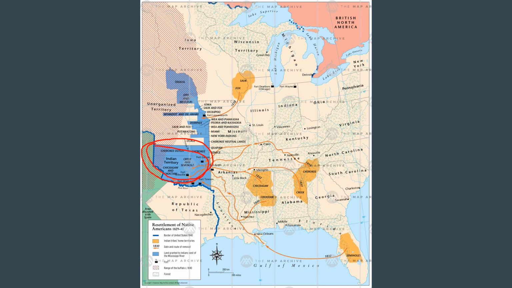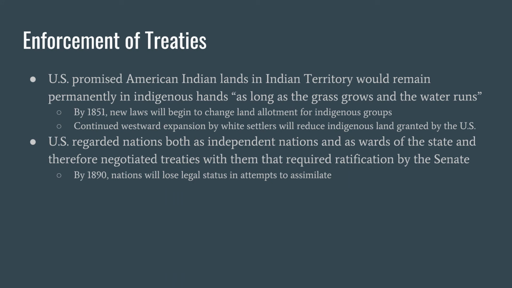We see that there's also some settlement in what would become Kansas and Nebraska. But really, as white settlers moved west, it pushed Indigenous groups further and further west. So it's important to pause here and recognize the U.S.'s enforcement of treaties with Indigenous groups.